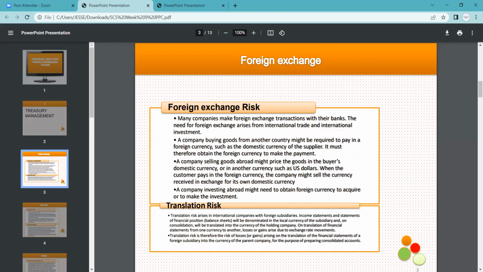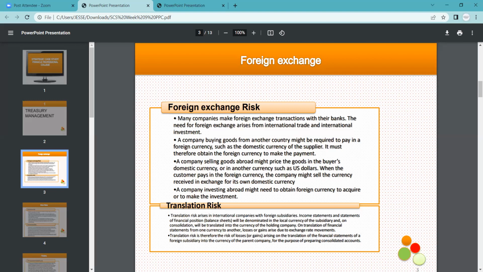So if Microsoft is in Ghana or even Nigeria, Microsoft Ghana or Microsoft Nigeria will prepare their income statements and balance sheets in Ghana cedis or Naira, respectively. It will be denominated in the local currency of the subsidiary. That's what we mean here. Their reports would be in the local currency because Microsoft is based in Ghana or in Nigeria. I hope that makes sense.